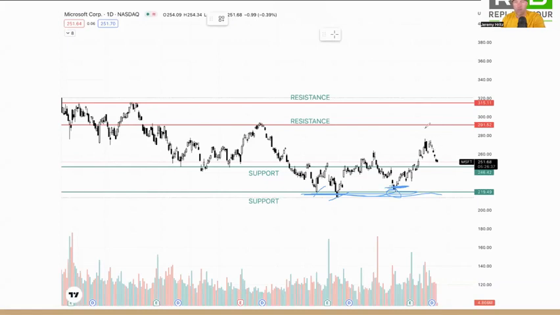And then if we know there's a resistance up here and we want to be conservative, we could say, all right, well, I'm going to trade Microsoft here, but I'm not going to be risky and try to go to this 291.52 resistance area. I'm going to be pretty conservative. And off of this recent high that it made, that's where I'm going to take my profit. So you could set your profit taker there. And then knowing that these have been supports and recent lows, you could put your stop loss well below those lows so that you're protected if it pulls back.